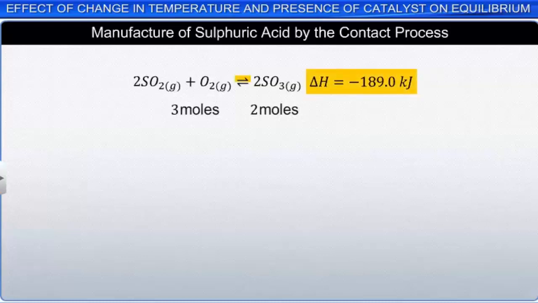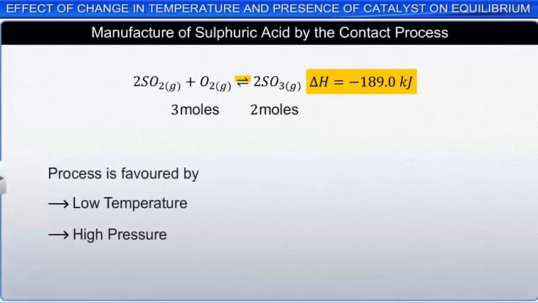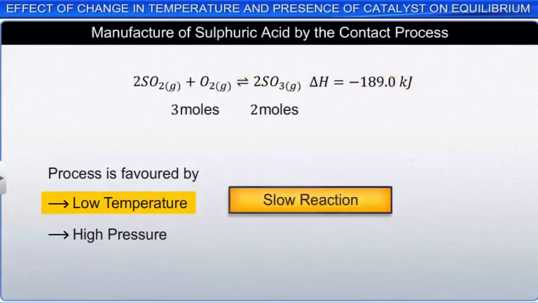Thus, according to Le Chatelier's principle, low temperature and high pressure favor the formation of sulfur trioxide. However, at low temperature, the reaction is very slow, while at high pressure, the tanks used in the synthesis get corroded.